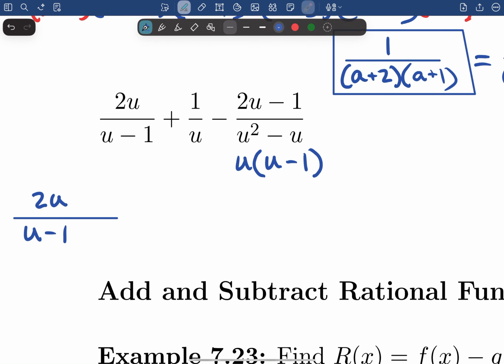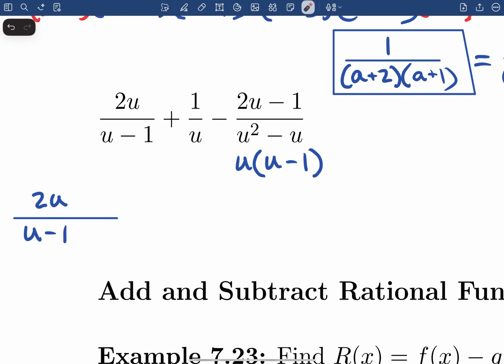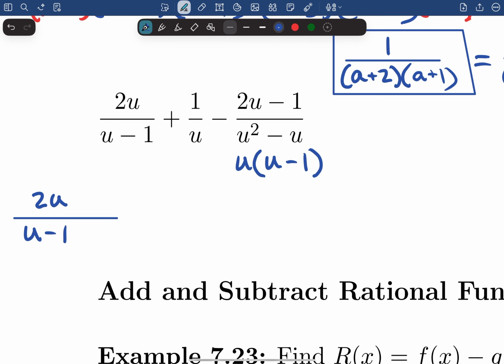Well, what is it missing? What factor is it missing that the other ones have? Well, it's missing a u. Okay, so I'm going to take that u minus 1. I'm going to multiply it by u, and I'll do it in red. Okay, and when I do that, I also have to multiply that on top of the first fraction as well.